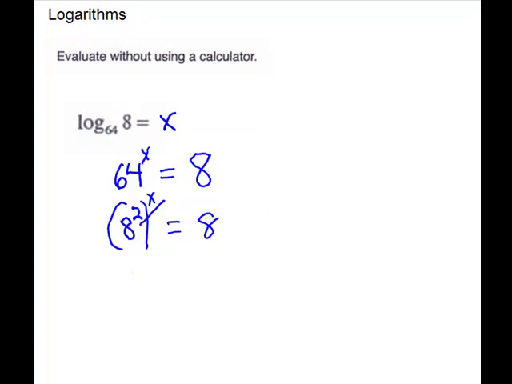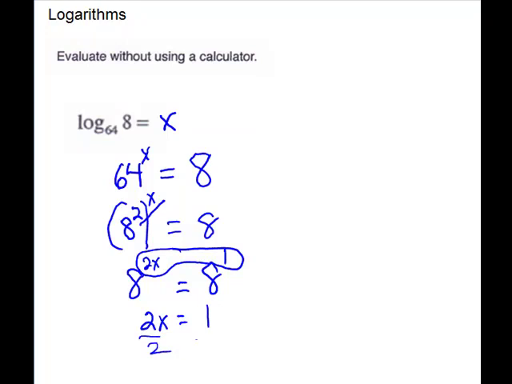And this is 8 to the 2x equals 8 to the 1st. Now our bases are the same, so we can set the exponents equivalent. So 2x equals 1. Solve for x, so divide by 2. x equals 1/2.